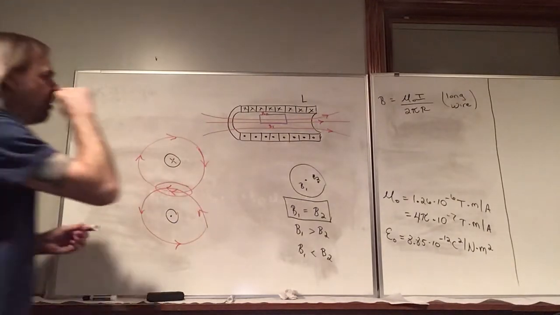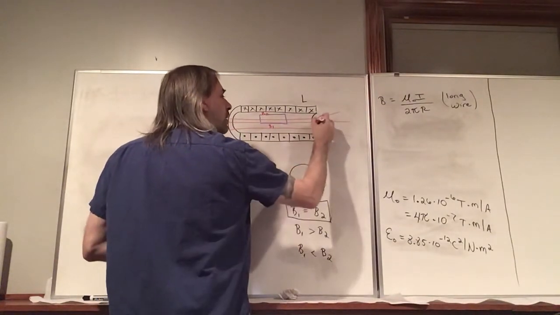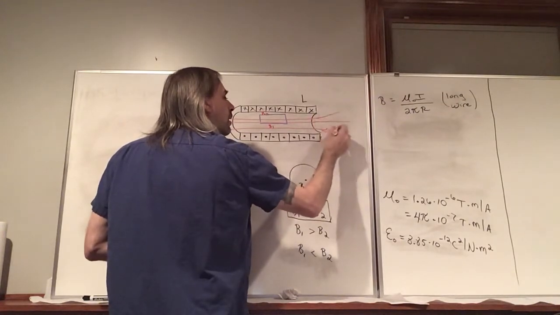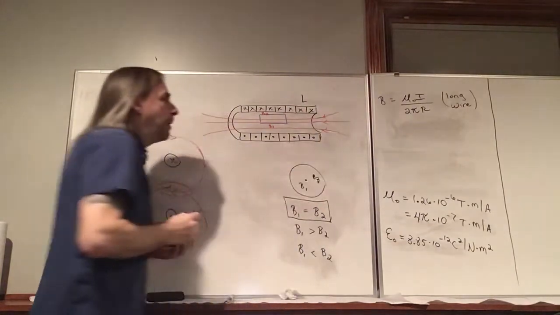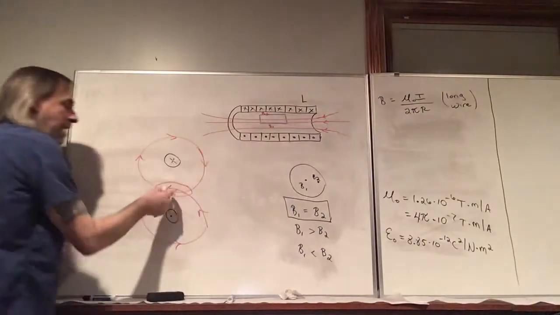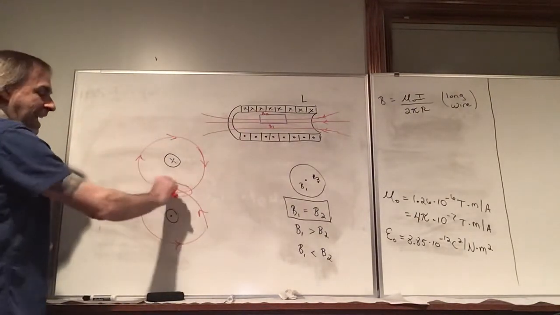And so, I totally drew this wrong. Let me fix that. Okay. So they'd both be pointing to the left if you're on the inside. And if you look right between them, they would just add up.